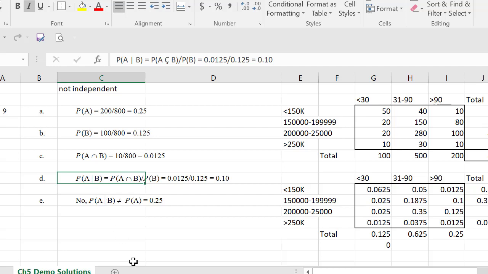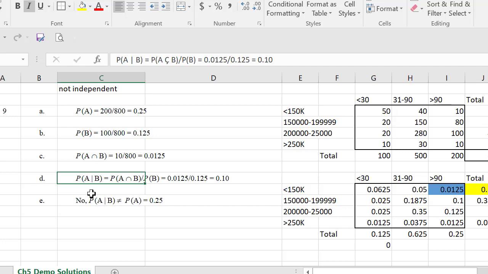So the way to interpret that is the probability of A given B. What that's asking is, what's the probability of selling a house in more than 90 days, given that it's less than 150,000?